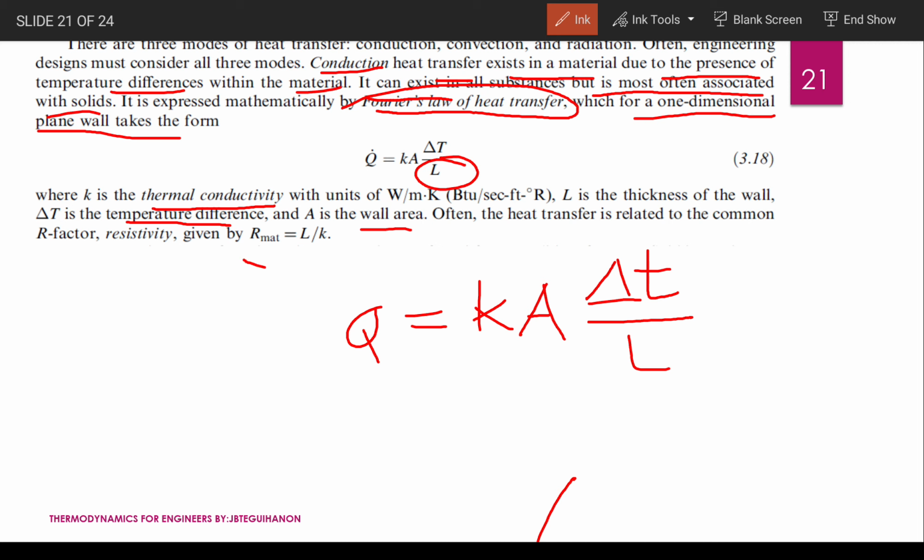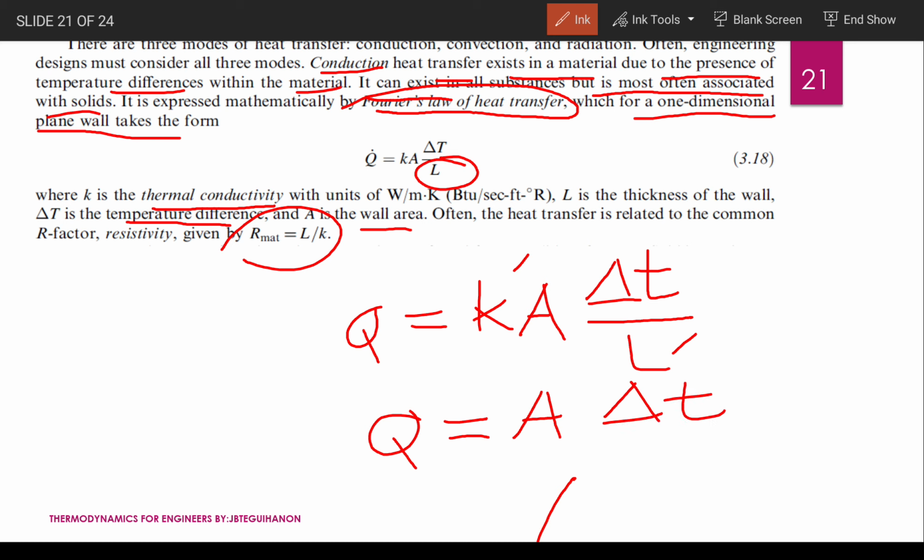Now, if R is given, this will change. R is given, and R is equal to L over K. So if R is given, your Q, or heat transfer due to conduction, will be equal to area times delta T over R. You are now considering R, the resistance of the material.